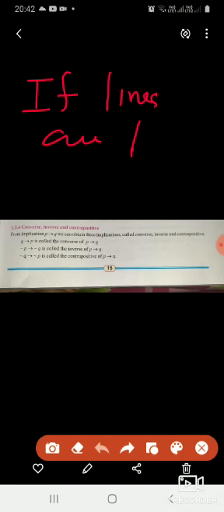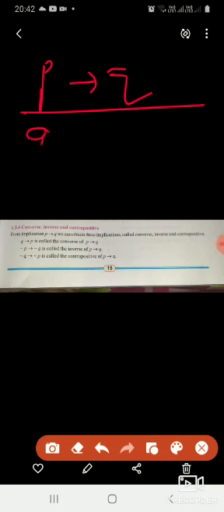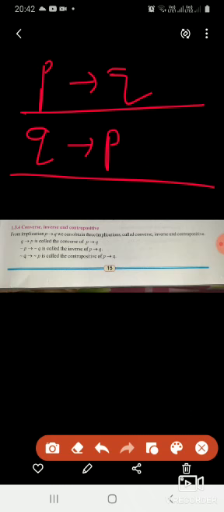Okay. What is inverse? P to Q is a statement. If you know the statement, converse we have seen, Q to P. Next, I want to see inverse. Inverse means nothing but negation of P tends to negation of Q. What is P? P means if two lines are parallel.